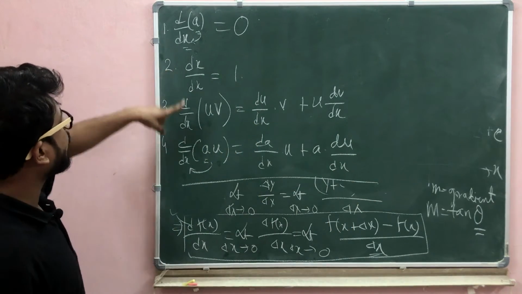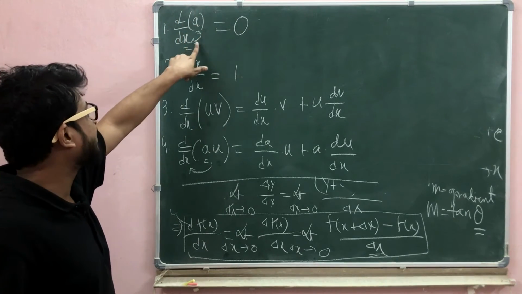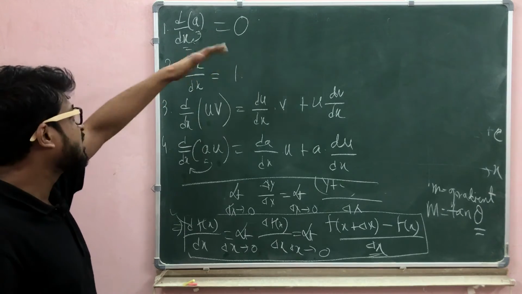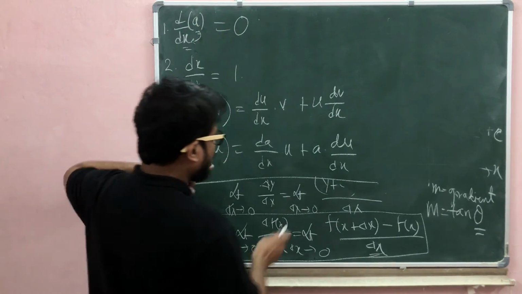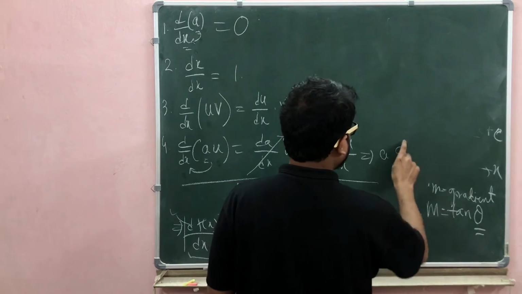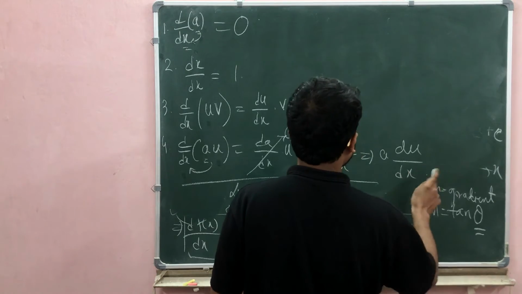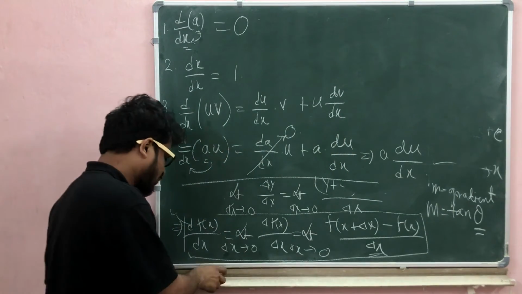And check formula 1: any constant, any numeric number, doesn't depend on x, so the derivative of that number is 0. So that term will become 0. So the final result is a du/dx, simple. The basic derivative is very easy, that is the basic formula.